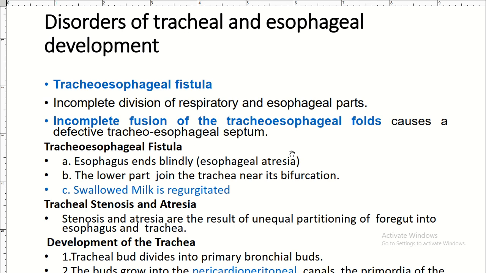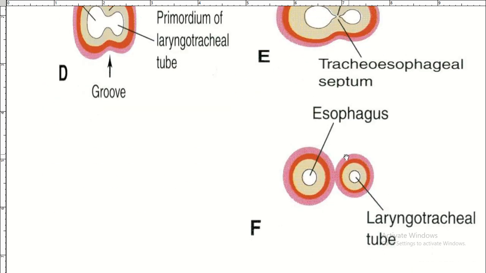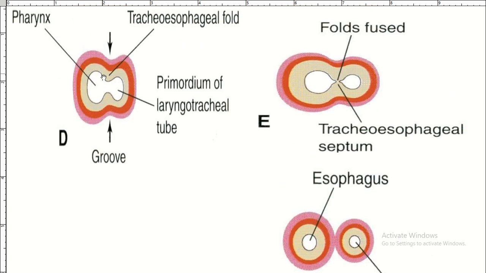That is incomplete division of the respiratory and esophageal parts. Remember, we need to completely divide these two. If we fail to divide, we're going to have a fistula, which means there's going to be a communication between your esophagus and your trachea.